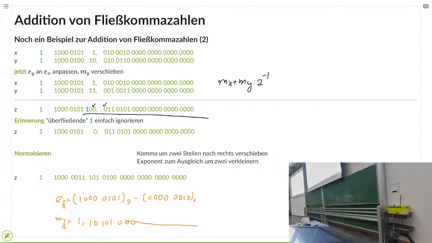So the actual number is 0, 0, 1, 1, 0, 1, 0, 1, 0, 0, 0, 0, 0, 0, 0. And that is, by definition, between 0 and 1. This mz is too small. We have to make it larger, to the position that is between 1 and 2.